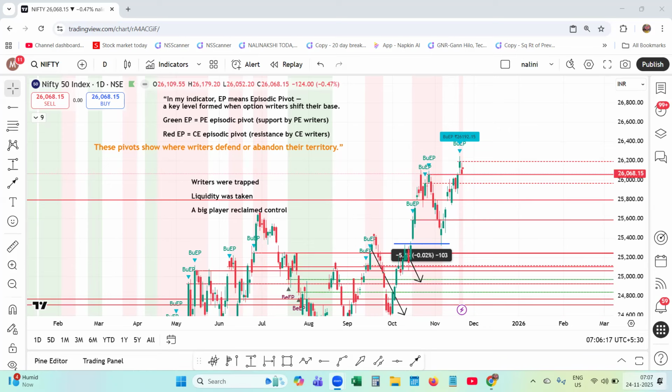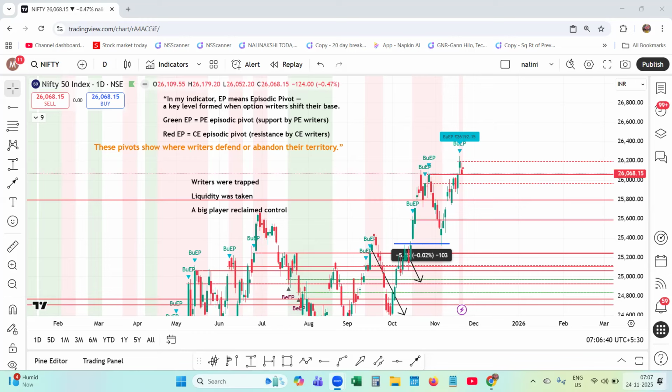These pivots show where writers defend or abandon their territory. What happens is, when the writers are trapped, liquidity is taken and the big player reclaims control.